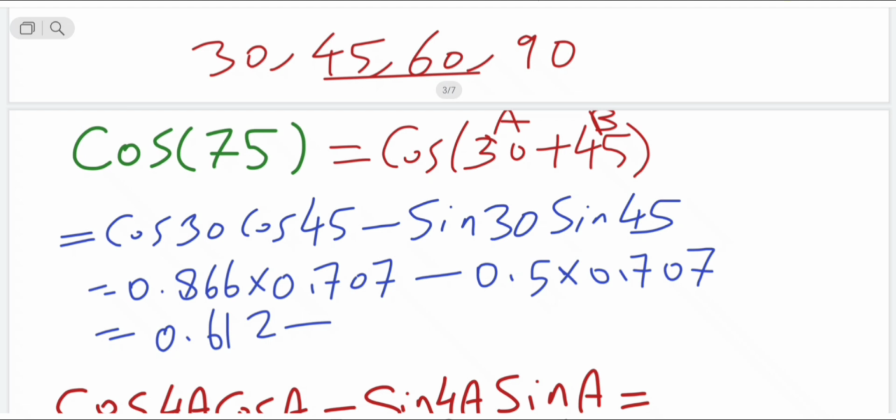Minus 0.5 multiplied by 0.707, which equals 0.353. So 0.612 minus 0.353 equals 0.259. This is the answer.